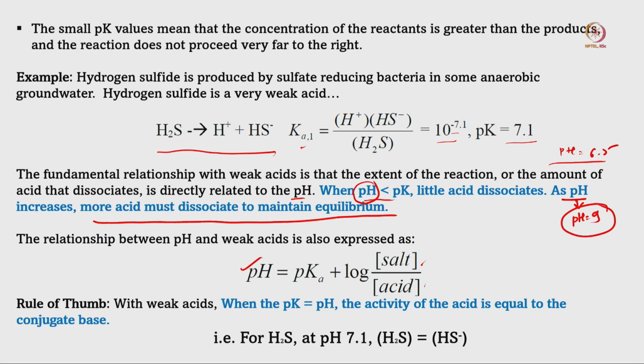With weak acids, when pH is equal to pK, this log term becomes 0, which means the salt is equal to the acid concentration.